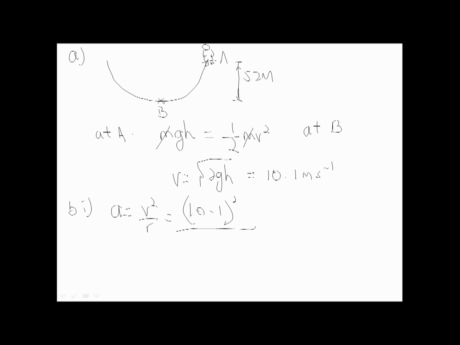Check back the question. The radius is 16 meters. So it will be divided by 16, and finally you will reach the answer of 6.38 meters per second squared. Looks very simple, no problem at all, right?